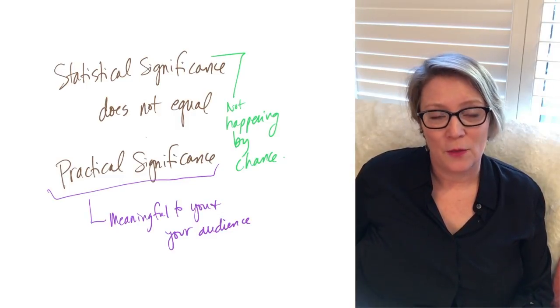For example, if you have a really large data set, you can get a very small p-value for a really small difference. You see this a lot in public polling.